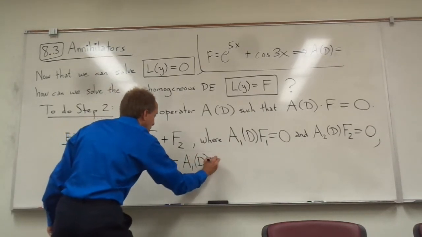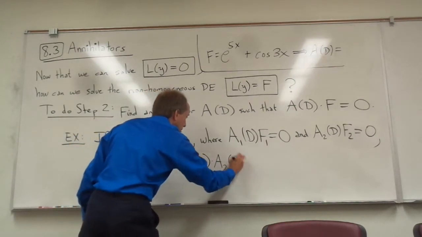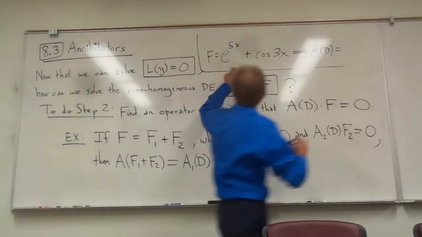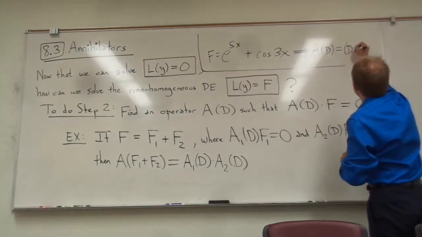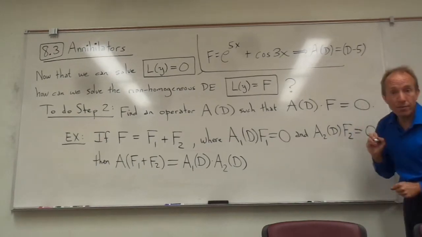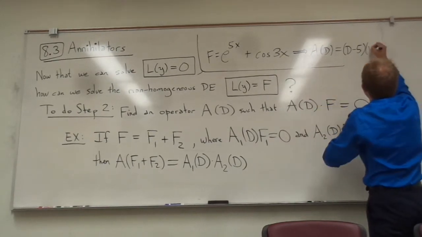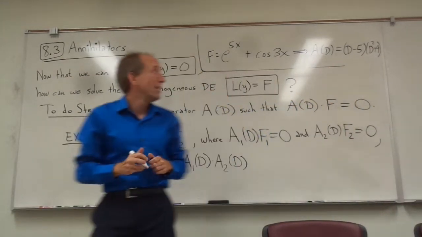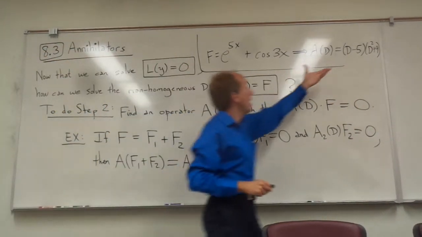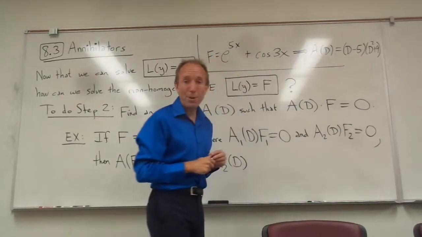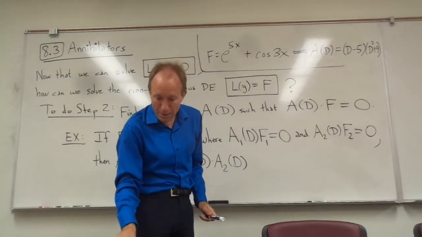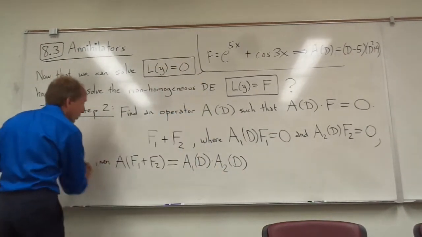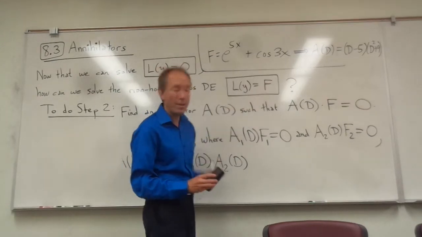So you don't add the annihilators, you actually have to multiply those annihilators in order to annihilate a sum. So for example, up here, the annihilator of e to the 5x would be D minus 5, and the annihilator of the cosine of 3x would be D squared plus 9. So this would be your annihilator for this function, capital F. Anyway, there's a whole table of annihilators that you can use, and it will work for a lot of functions, capital F, that you might have.